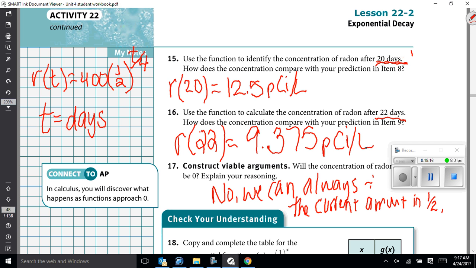What's the only number that when we multiply by a half we get 0? 0, right? So are we ever going to be taking 0 times 0.5? No. Because we're always going to get some fraction, right?